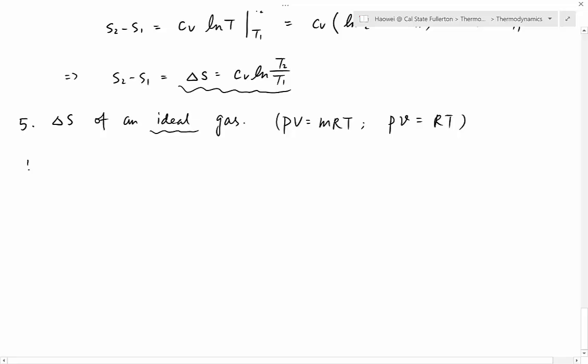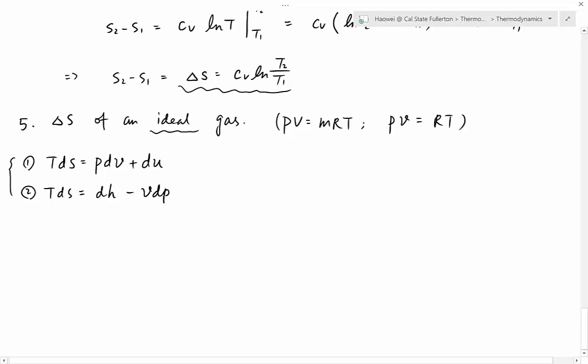The original Gibbs equations are TdS equal to Pd nu plus du. That's Gibbs equation number one. And Gibbs equation number two is TdS equal to dh minus nu dP.